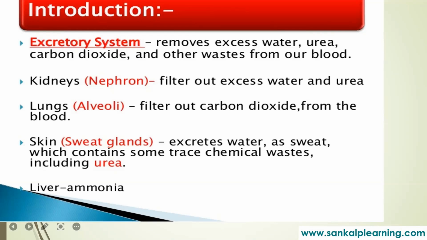That is why ammonia cannot be sustained in our body, so it has to be excreted. The ammonia will be converted by the liver into simpler forms, which again mix with the blood, and finally it is excreted in the form of urine.